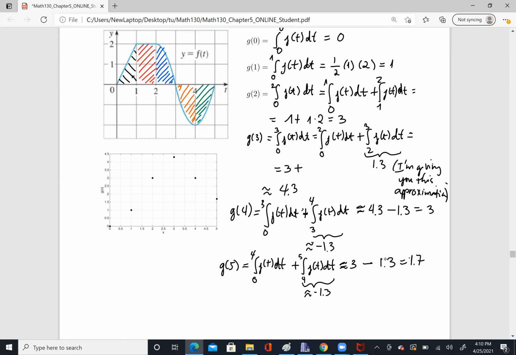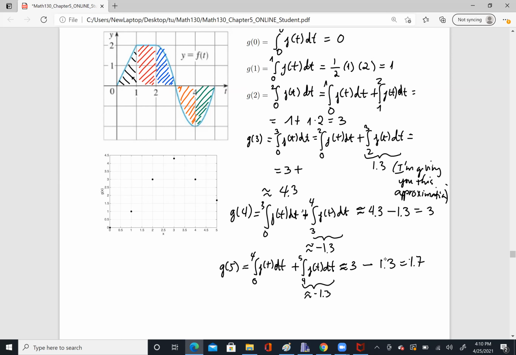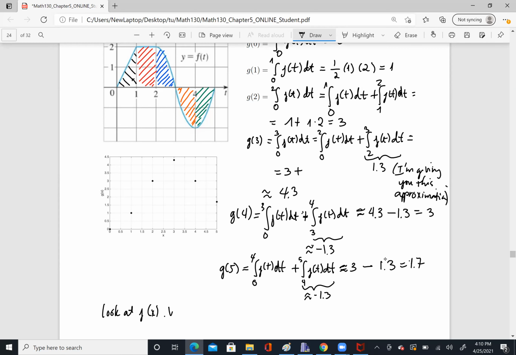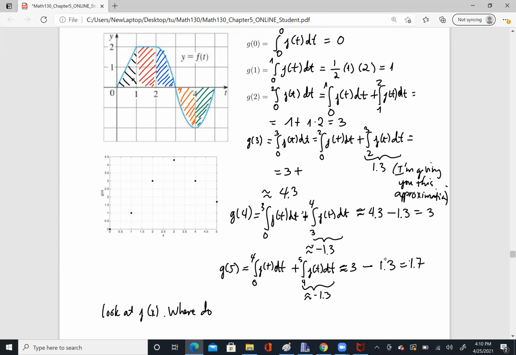So we're going to look at the ft and answer the question. Say, where do we get the most area? So look at ft. Where do we get the most area, right?